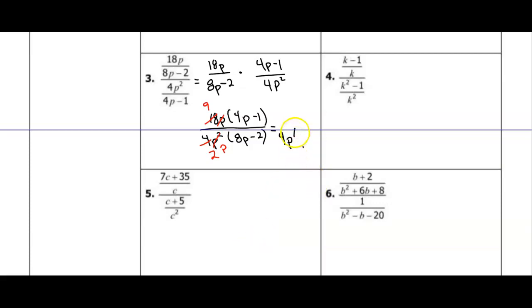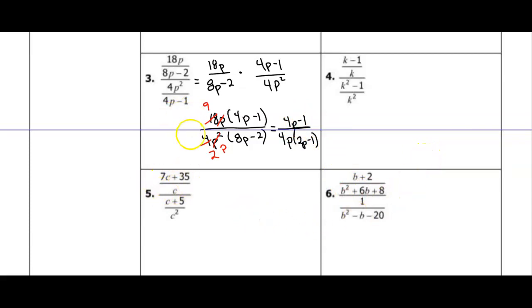Let's change that, 2p minus 1. And in the numerator, I have 4p minus 1. So it's about as simple as I can make it. Okay.